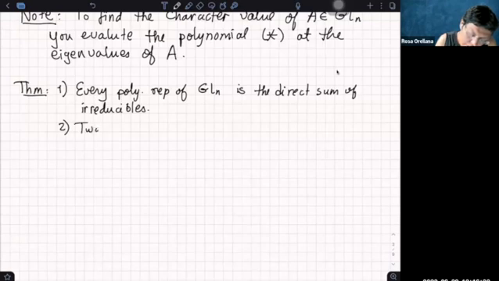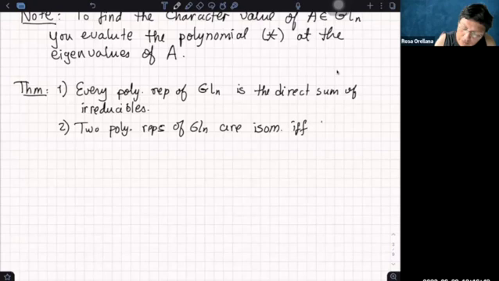Two: polynomial representations of GLn are isomorphic if and only if their characters are the same.